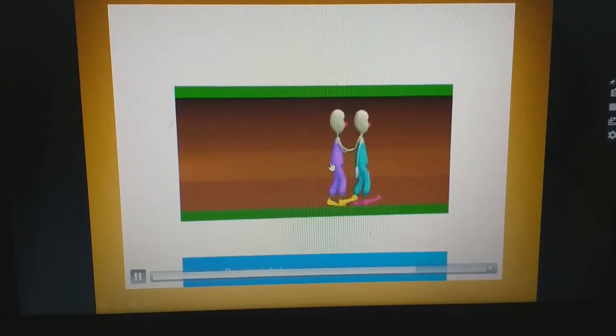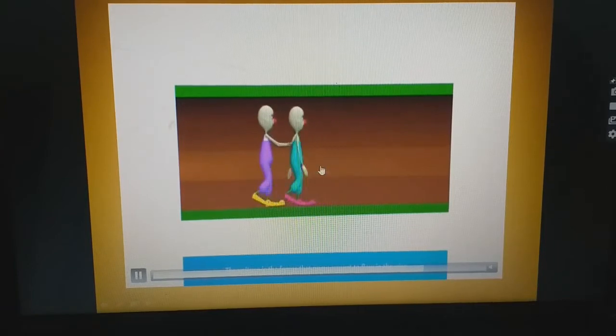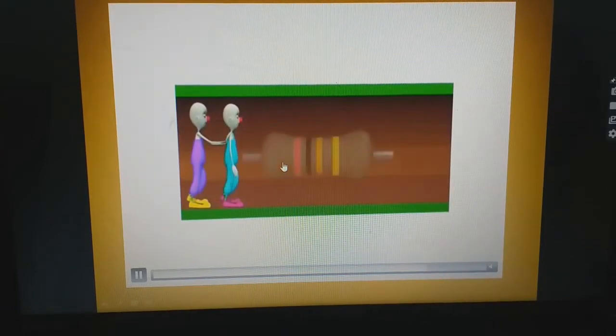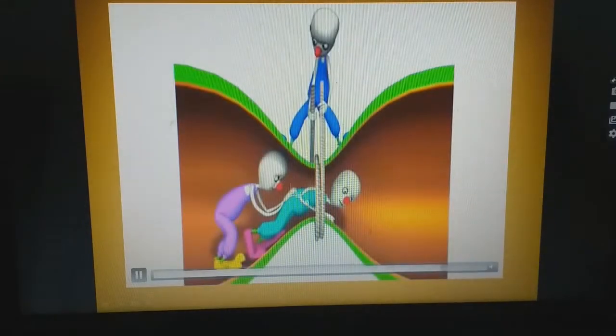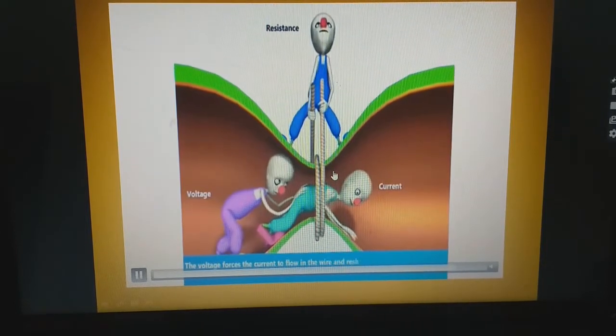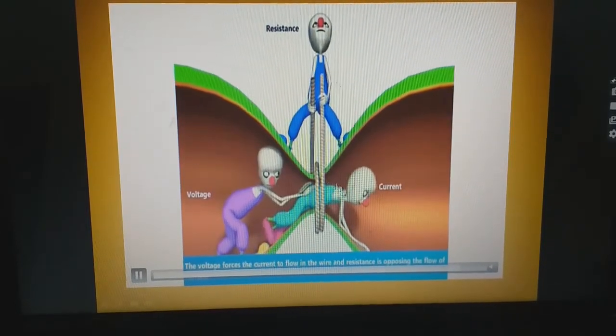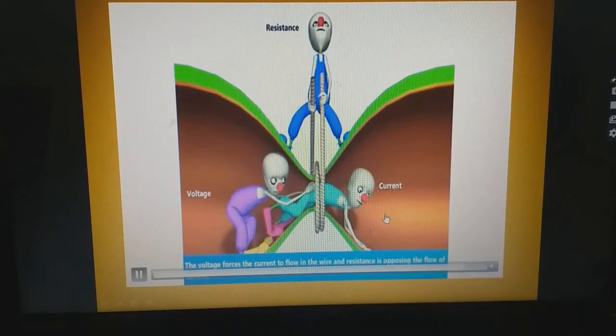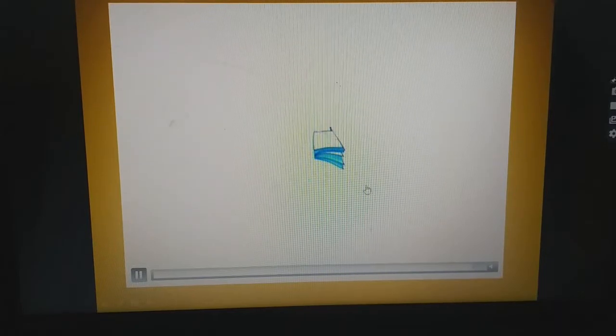Voltage is providing energy all the time to these moving charges, creating electric current. In this case, resistance, current and voltage make a triangle: the voltage forces the current to flow in the wire and resistance is the opposing factor to the flow of charges.